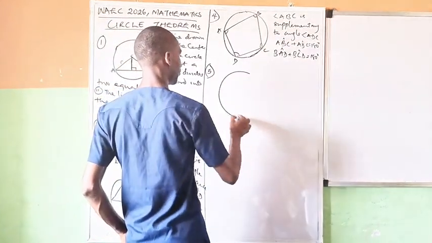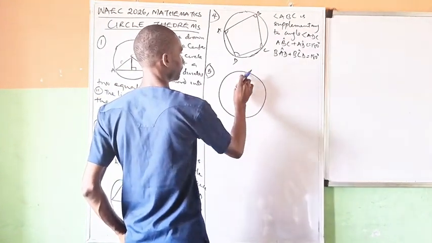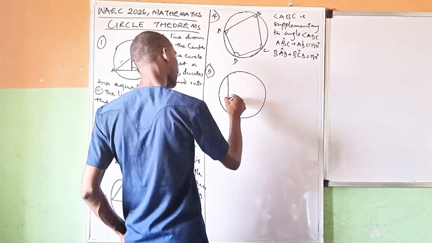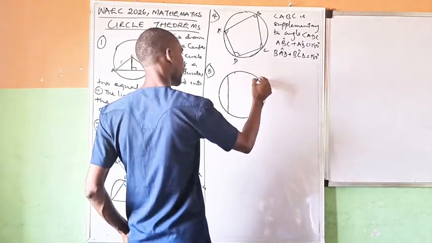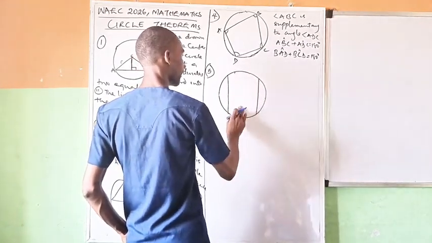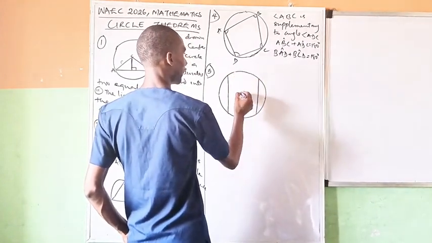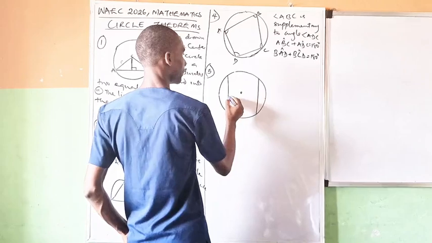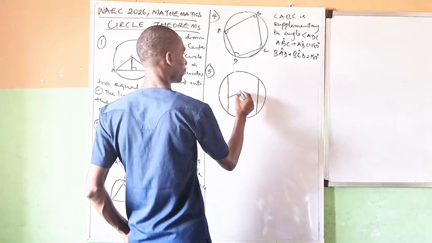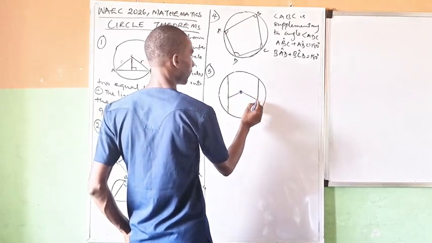Number 5. If I have a circle, and I have a chord of equal length and the center here, the distance from here to this chord, to the center, is the same as the distance here.